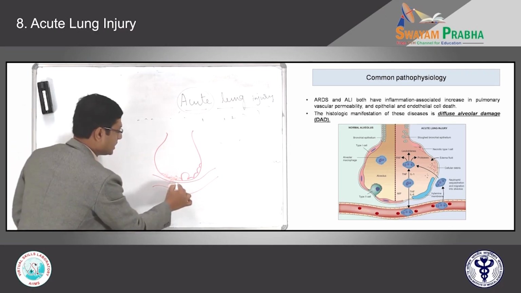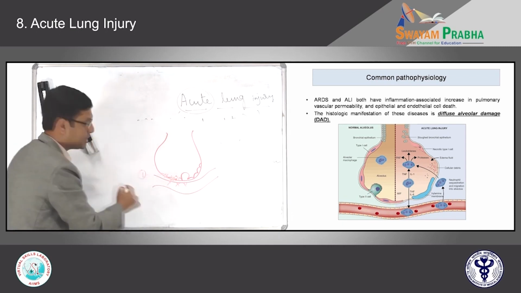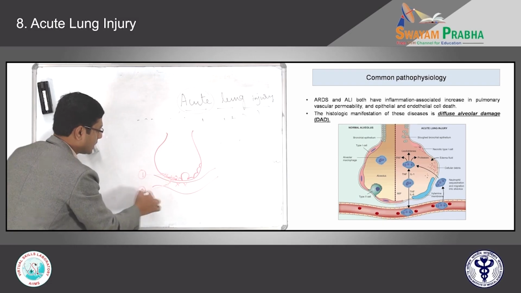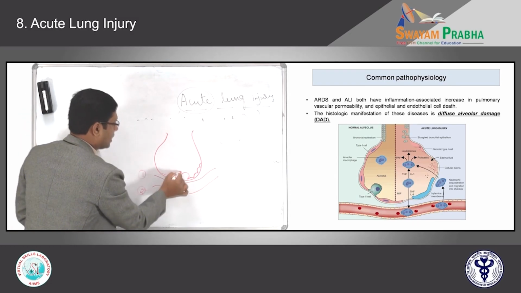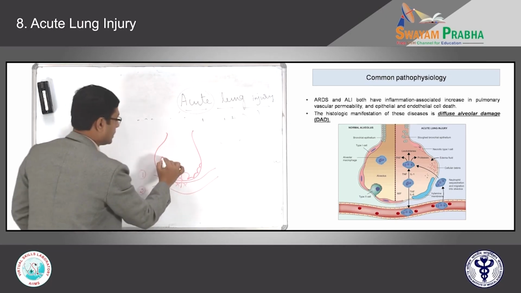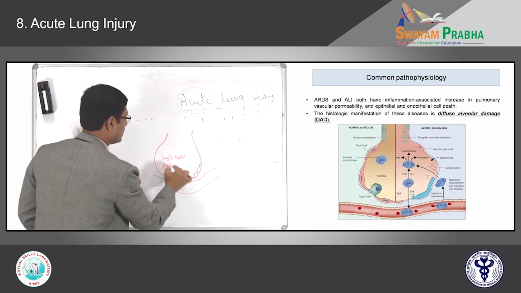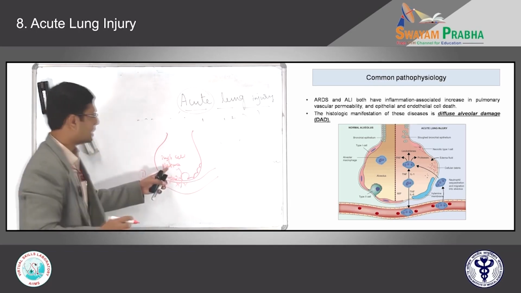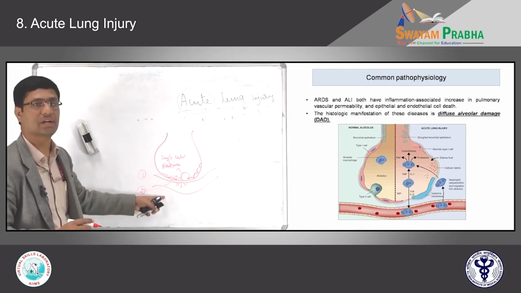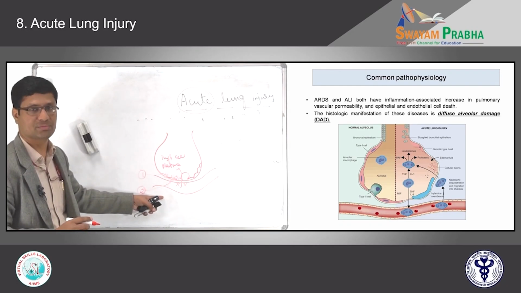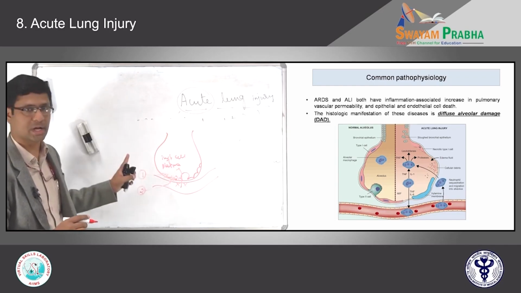There is also severe damage to the capillaries. Alveolar damage and capillary damage ultimately result in infiltration of inflammatory cells and plasma in the alveolar membrane. All those entities cause a similar kind of pathophysiological mechanism, hence they all club together as acute lung injury. This is the common mechanism.